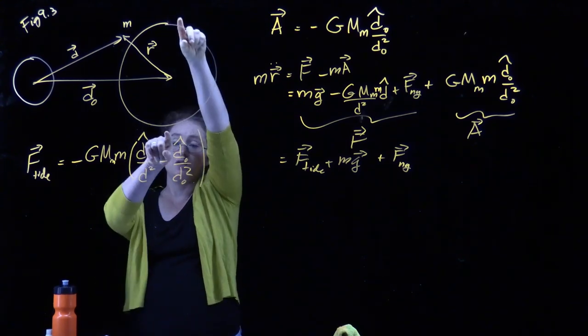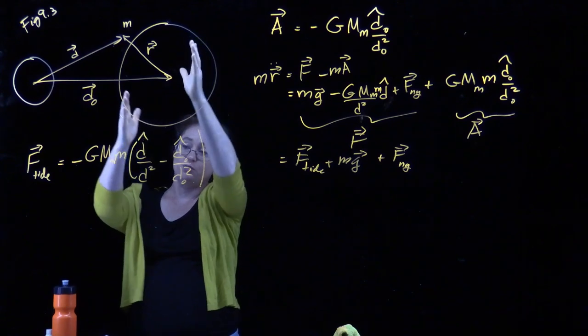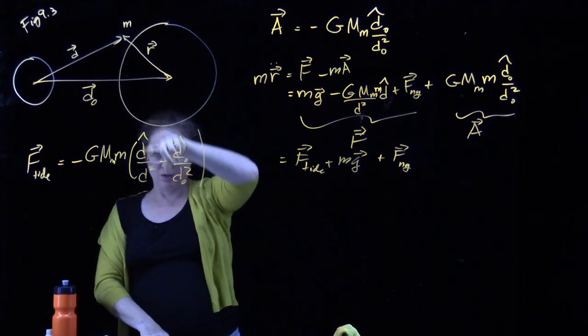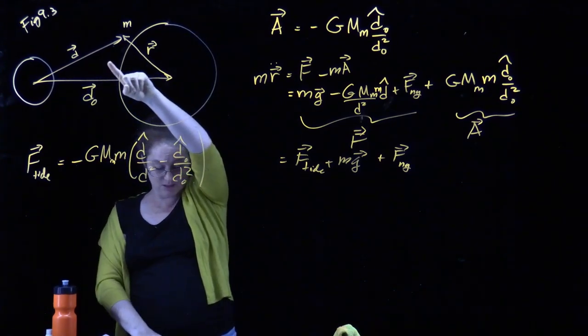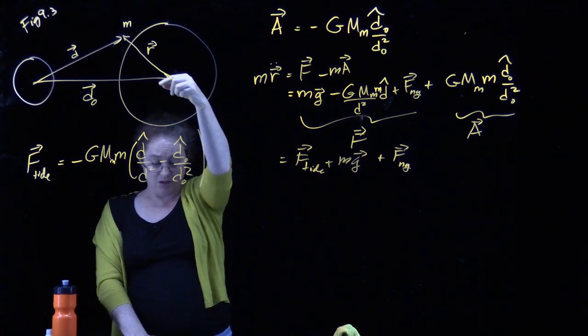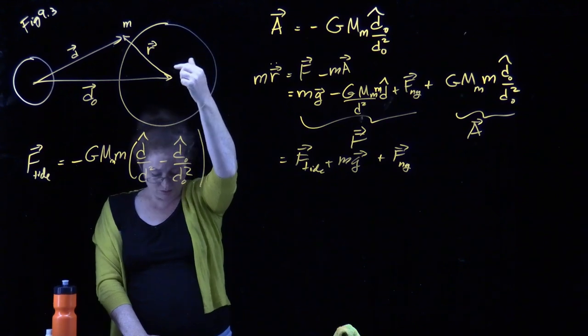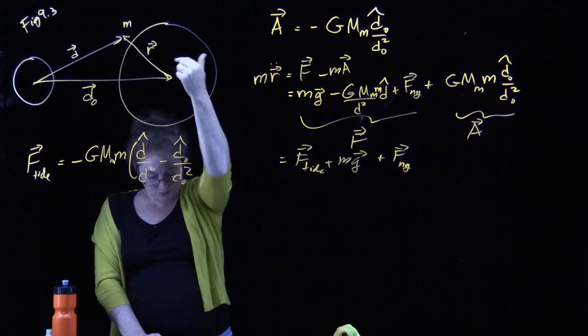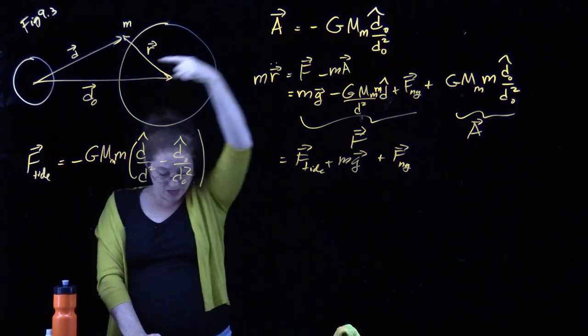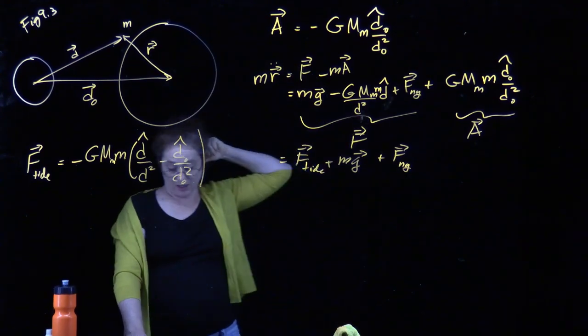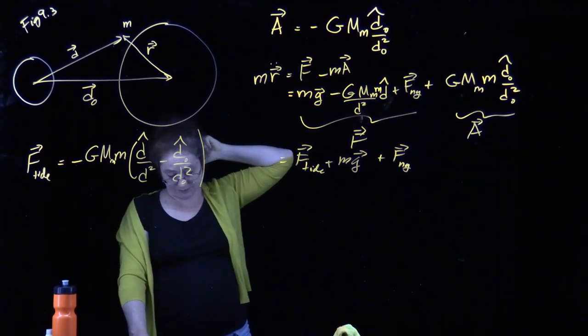So here and here, you don't have any net force, but when this length is less than that length, you have a net force in that direction, and the opposite is true on the other side.